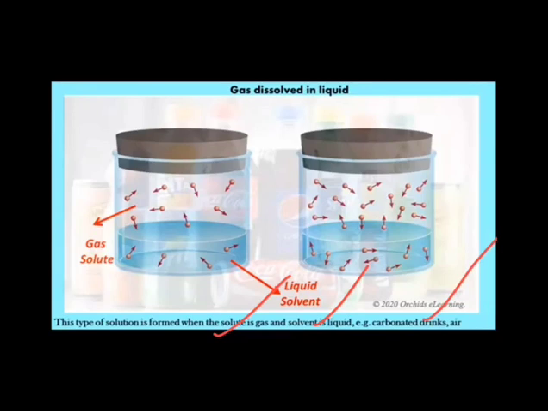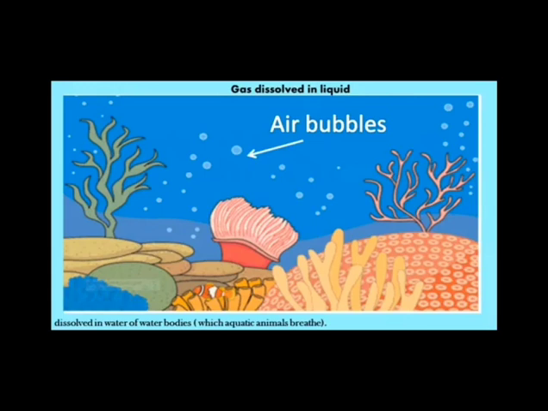It is an example of gas dissolved in liquid, because in carbonated drinks the gases are dissolved in the liquids. You can see here also, the gases dissolve in liquids. Oxygen is dissolved in the water of water bodies, which aquatic animals breathe. So this is also an example of gas dissolved in liquid.